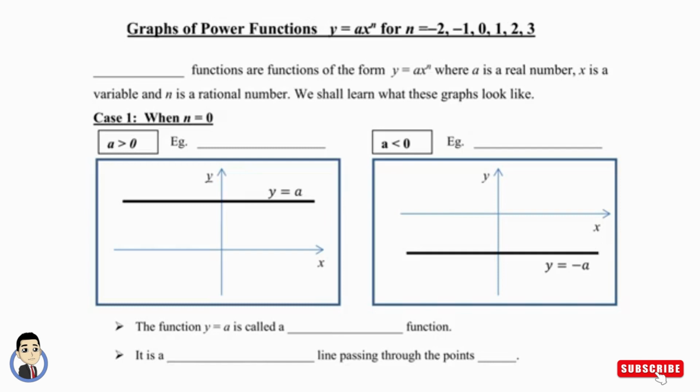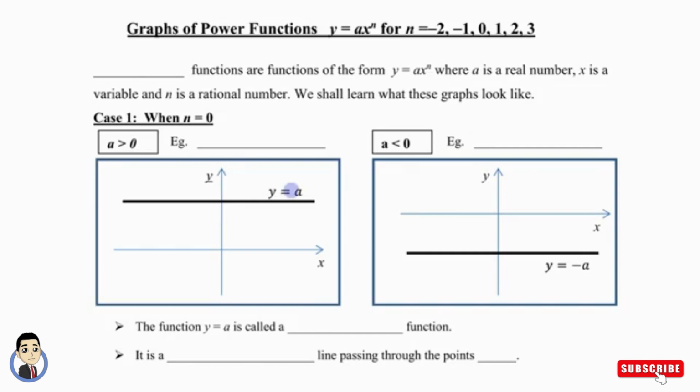More specifically, in this particular video, we are going to explore the cases where n is equal to -2, -1, 0, 1, 2, and 3.